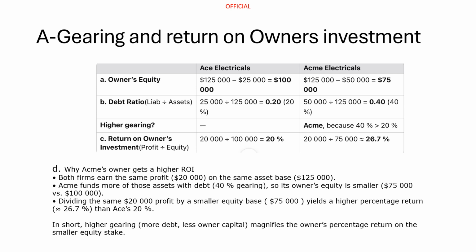As a result, Acme's ROI is higher at 26.7% versus ACE's 20% because the profit is divided by a smaller equity base. So the conclusion here is higher gearing can amplify returns on owner's equity but also increases the financial risk.